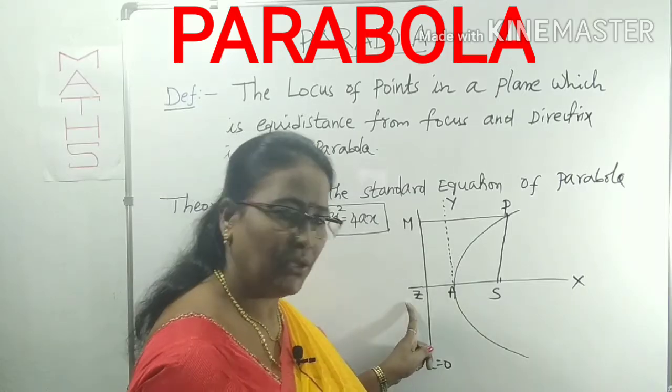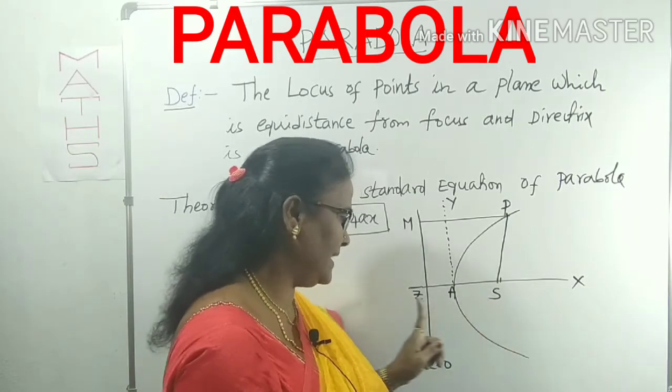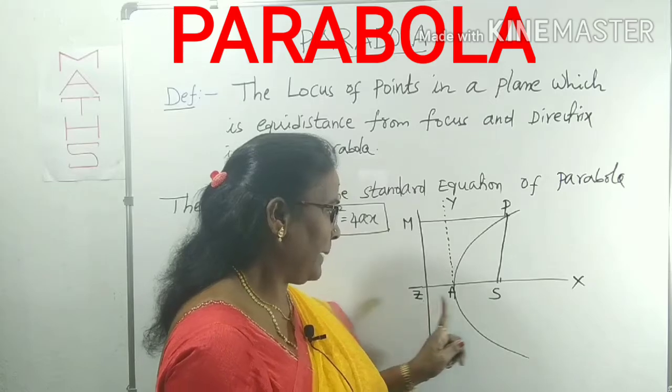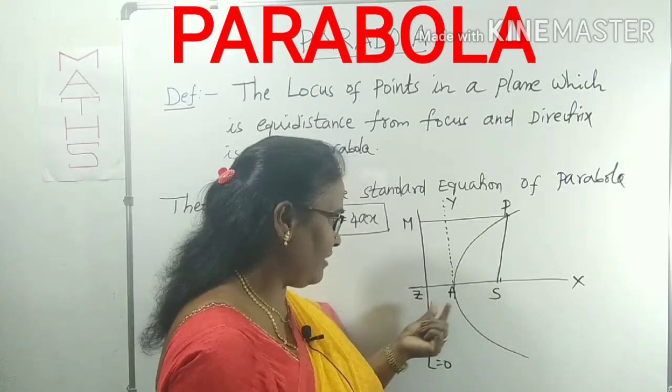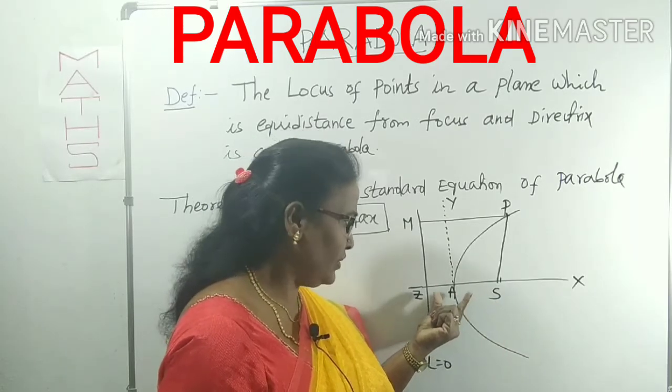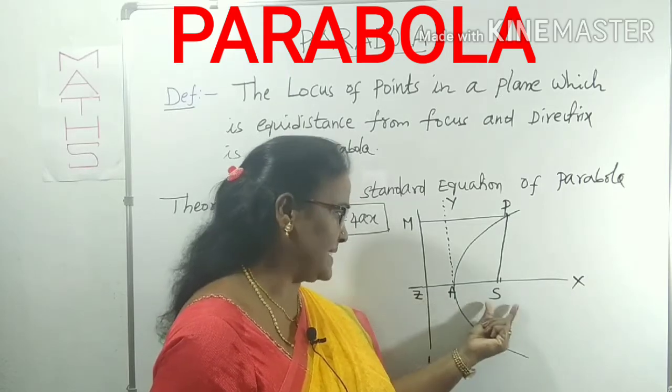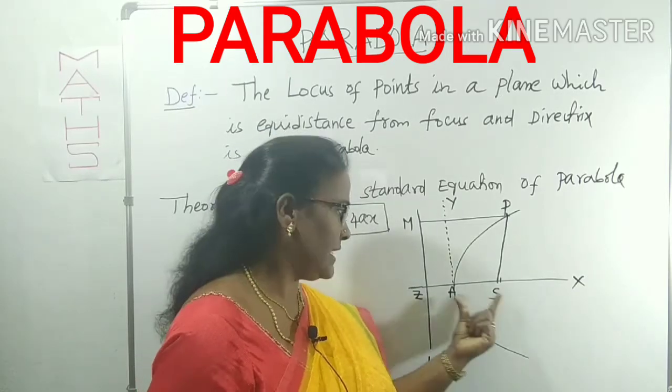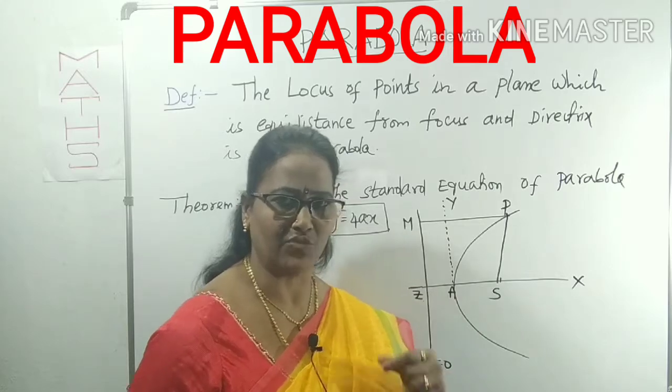What is Z here? The foot of the perpendicular of S on the directrix. Now between S and Z there will be a point A, which you choose as the midpoint of S and Z, such that it gives some result. What that is, we will discuss one by one.